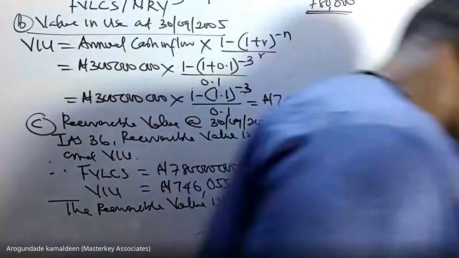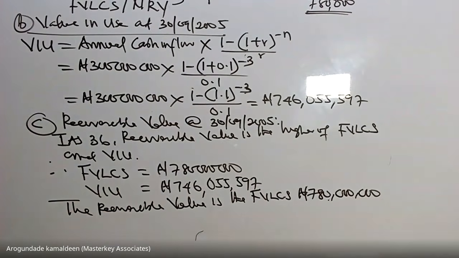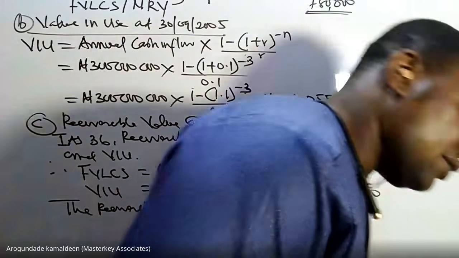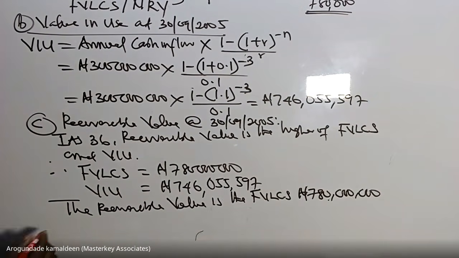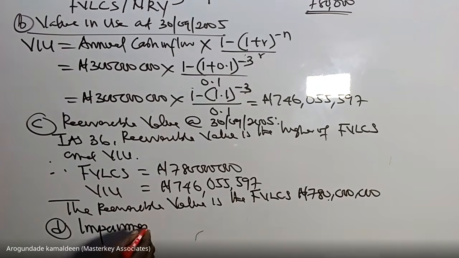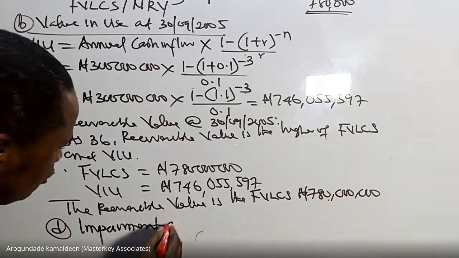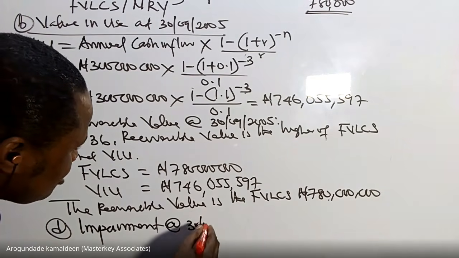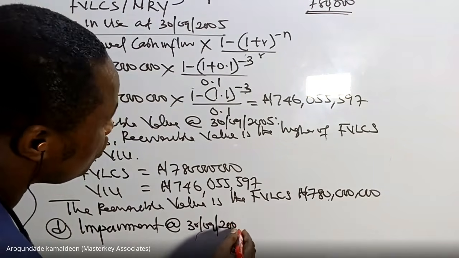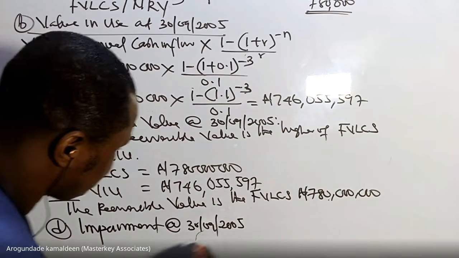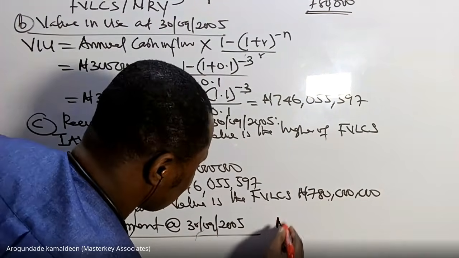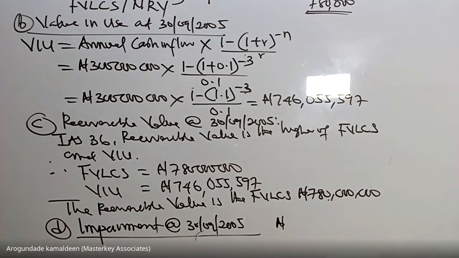Of course, after that is the impairment at 30th September 2005. Of course, that is what the carrying value.